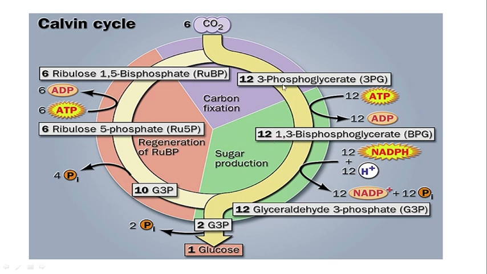Then this 3-phosphoglycerate is converted into 1,3-bisphosphoglycerate, and here the 12 molecules of NADPH are converted into 12 NADP plus and H plus ions. The H plus ion which is released here will supply the energy to the ATP synthase enzyme, and it will synthesize the ATP, and here in this stage the sugar production will take place.